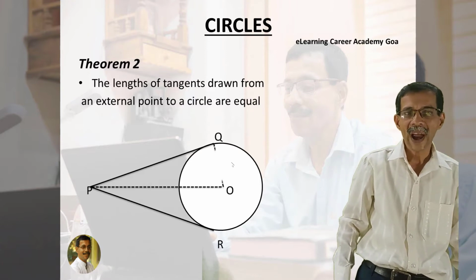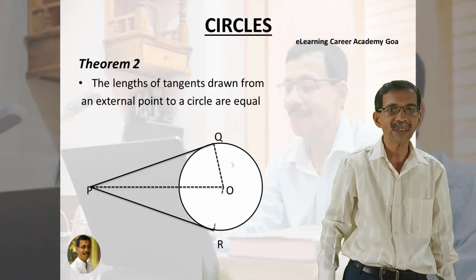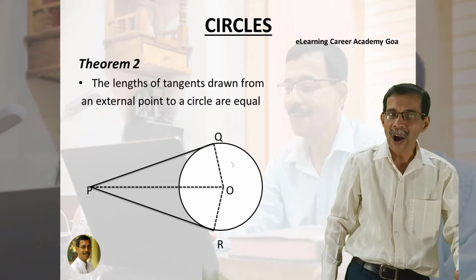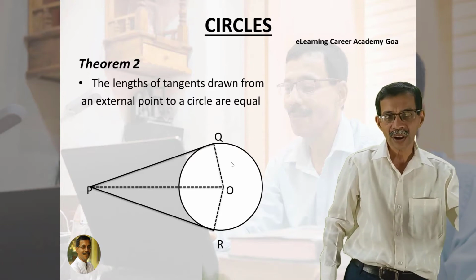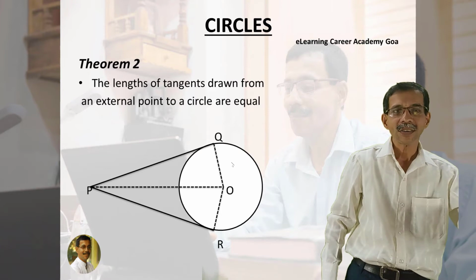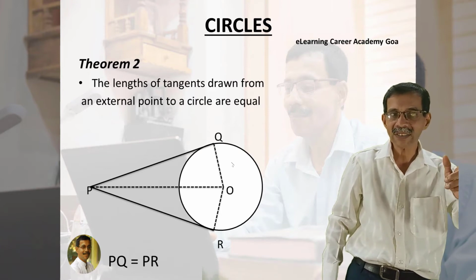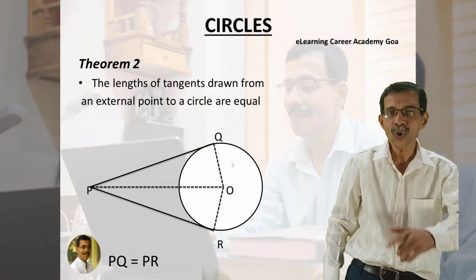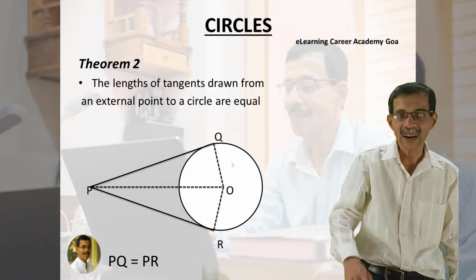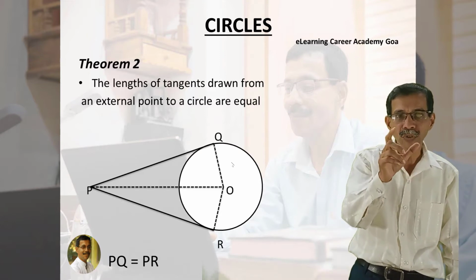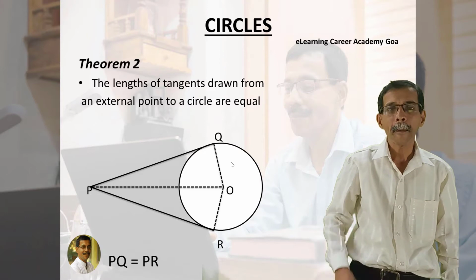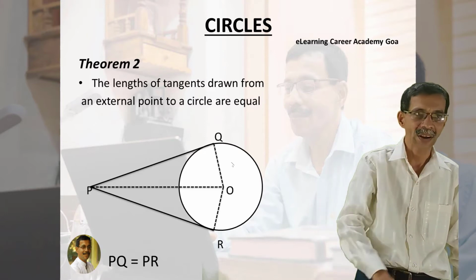PQ and PR are the two tangents which can be drawn from a point external to the circle, and one tangent length is PQ, another tangent length is PR. These lengths of the two tangents are equal, that is PQ is equal to PR.